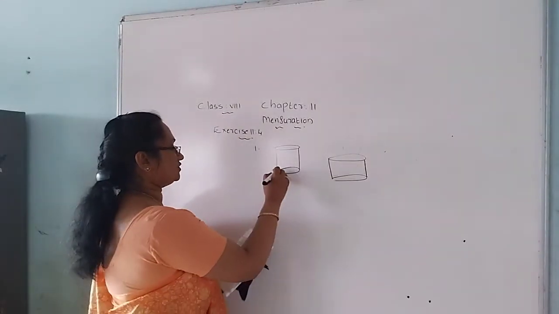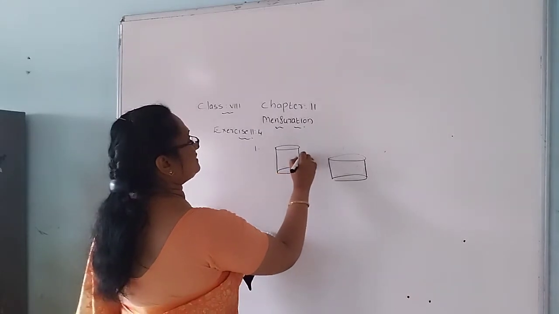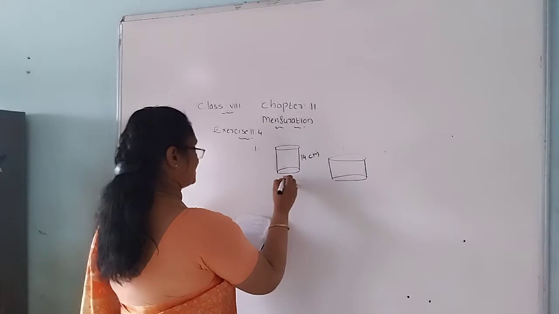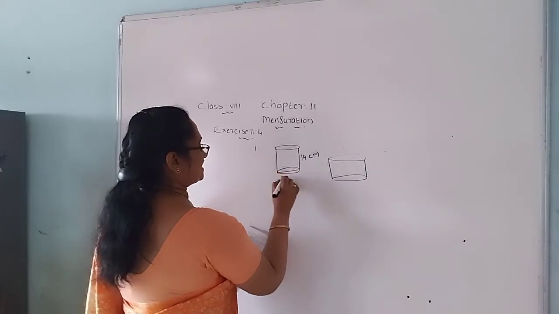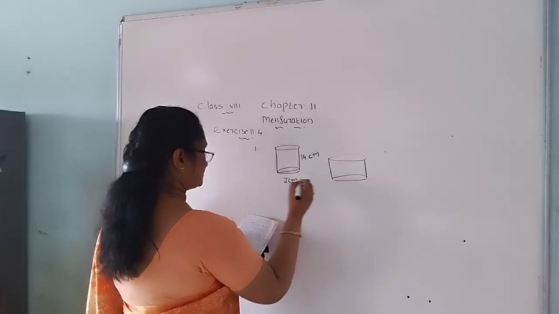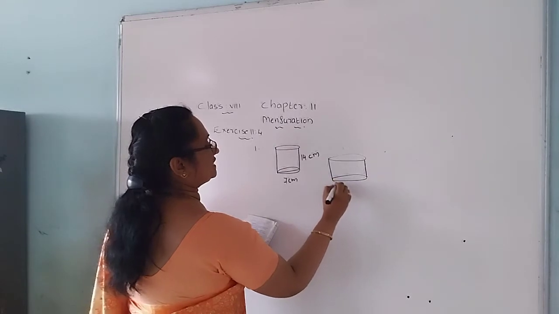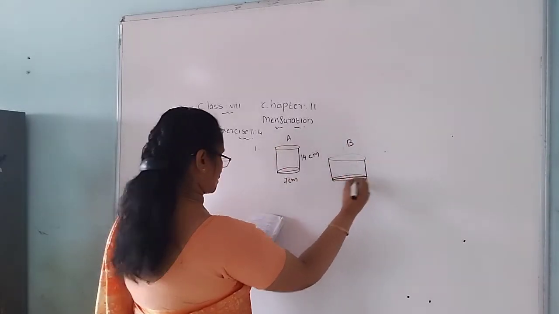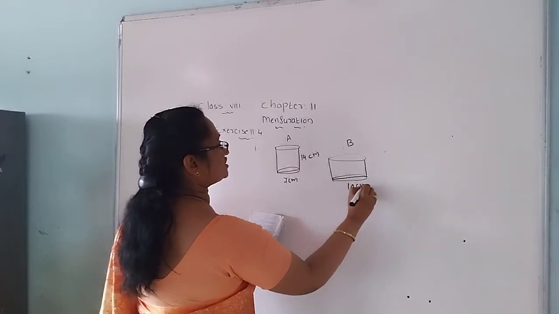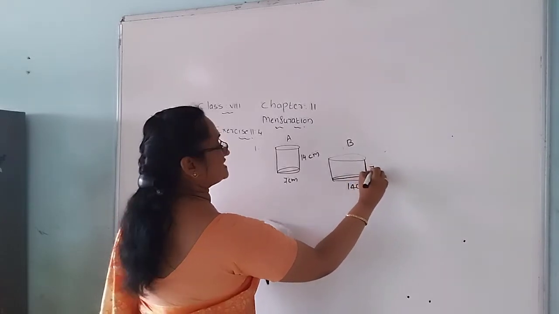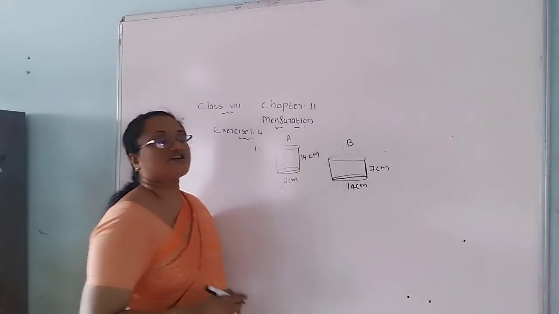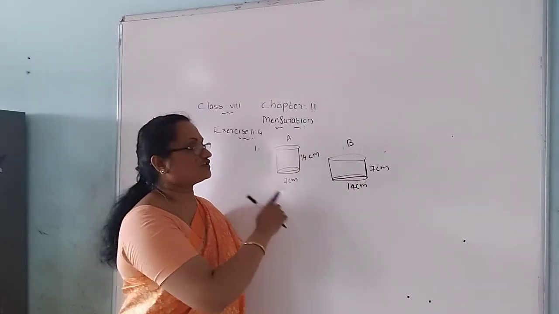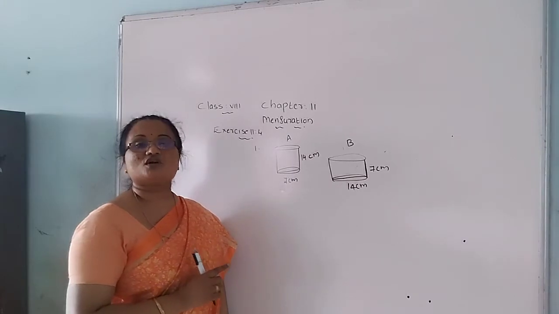The height of cylinder A is given as 14 centimeter and the diameter is 7 centimeter. For cylinder B, the diameter is 14 centimeter and the height is 7 centimeter. Find out which vessel carries more volume.